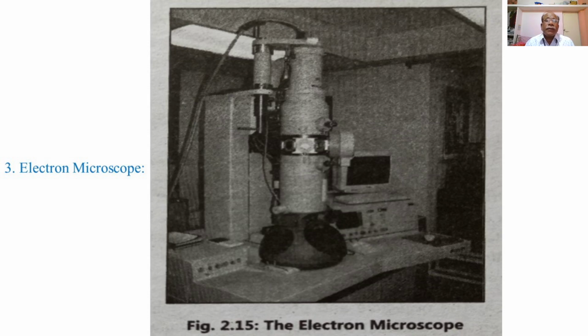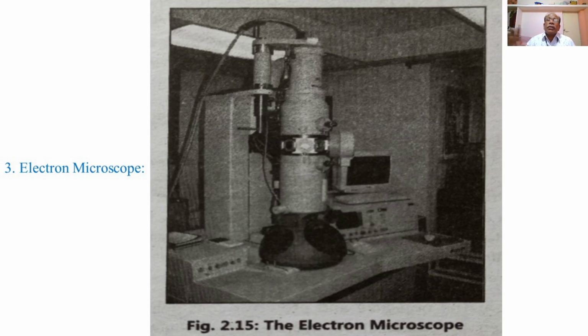So this is the figure showing the electron microscope, representing the black colored base, then the condenser body, provided with the electron gun and the electromagnetic coils or electromagnetic lenses in the body tube of the electron microscope.